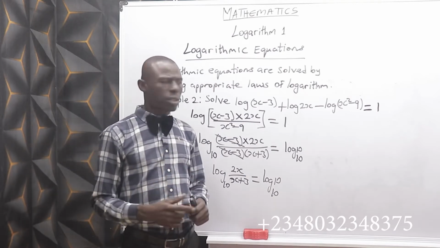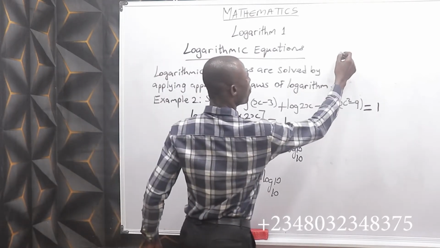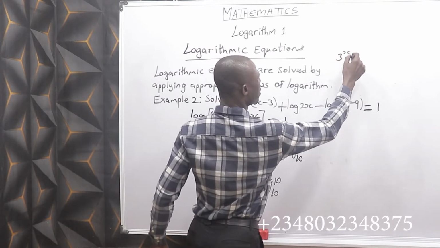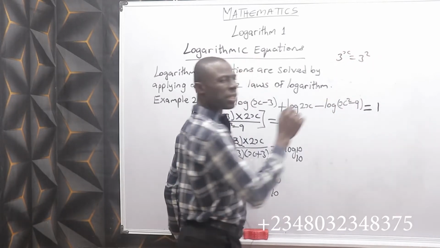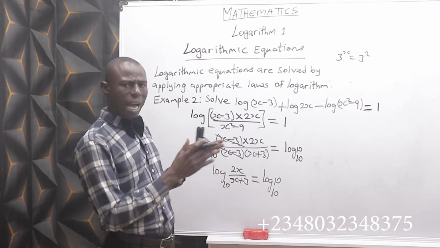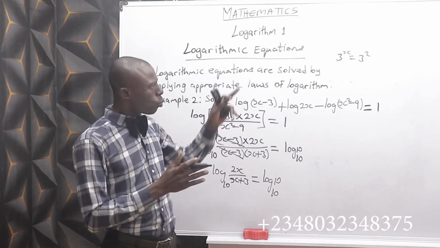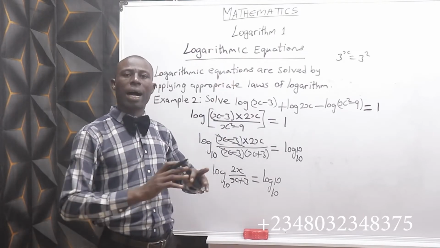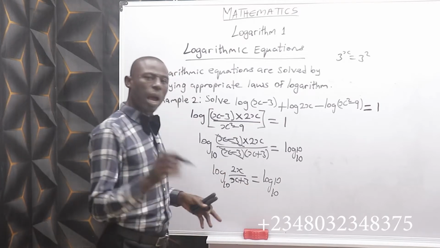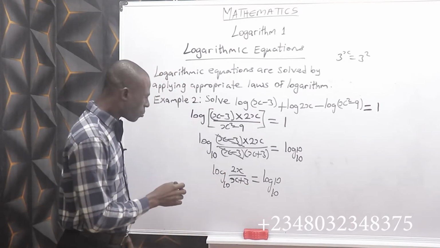Remember in indices, when you have 3 raised to power x equals 3 raised to power 2, because the bases are the same, we assume that the powers also are equal. The same thing applies to logarithm.